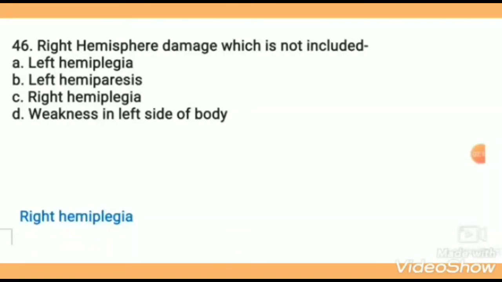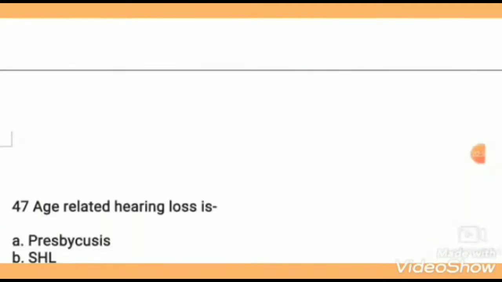It is because of the crossing over of the upper motor neurons to the opposite side along their course that the right hemisphere controls the left side of the body and the left hemisphere controls the right side of the body. This crossing over is known as decussation. Next question.